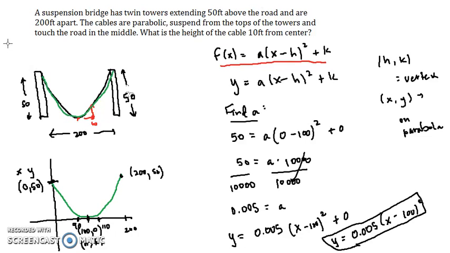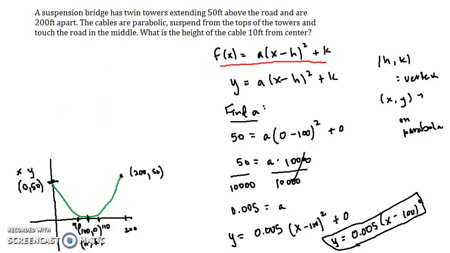So let me come up here and erase this. I have a little bit of room to work. And we're going to plug in, let's plug in 90. Doesn't matter which one you use. So we're going to get y is equal to 0.005 times (90 minus 100) squared.